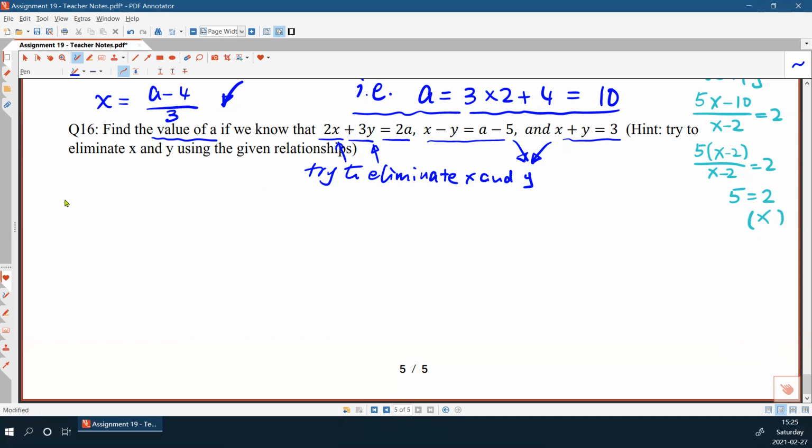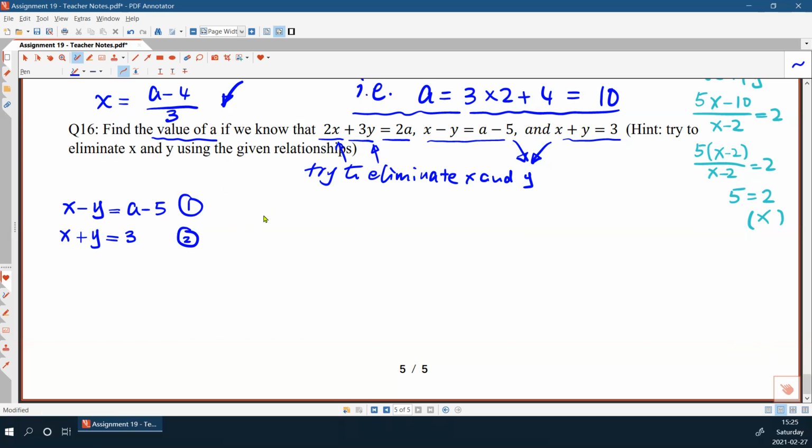So the question really becomes, if you know that x minus y equals a minus 5, and as well x plus y equals 3, you want to find the relationship between x and a, and y and a, right? So let's denote this as number 1, this as number 2. How to find the relationship between x and a?